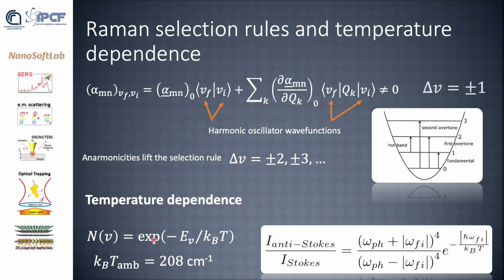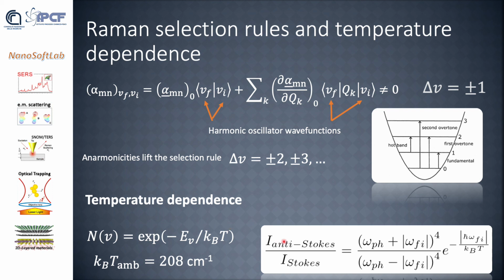But these numbers are dictated by the Boltzmann distribution, according to which the population of the level with energy E nu is proportional to the exponential of minus E nu over k B T, where k B T can be, for example, the ambient temperature k B T, that is equal to 208 centimeters to minus 1.